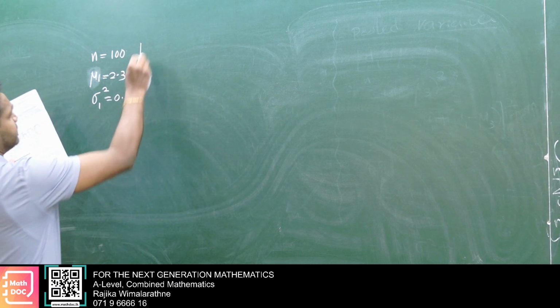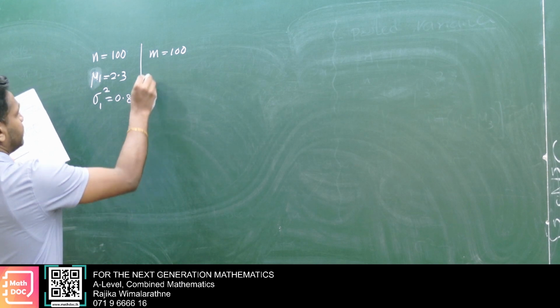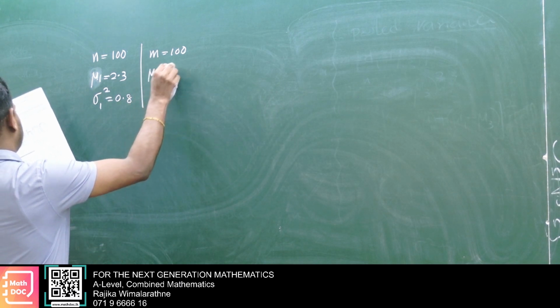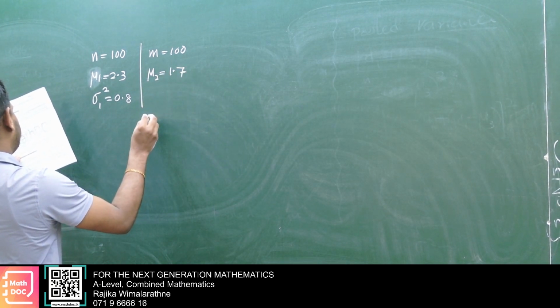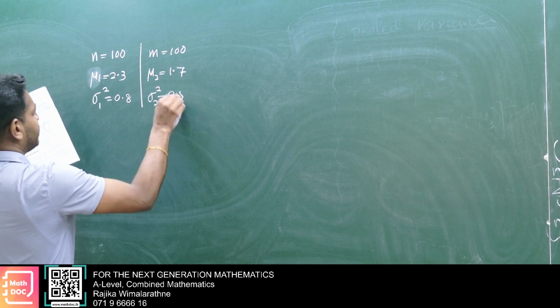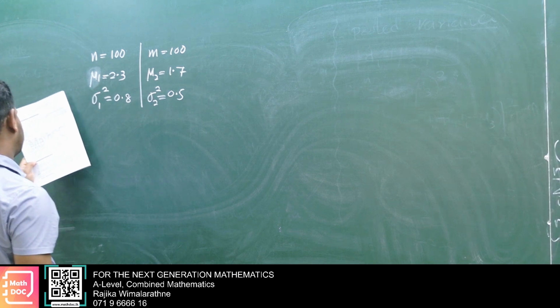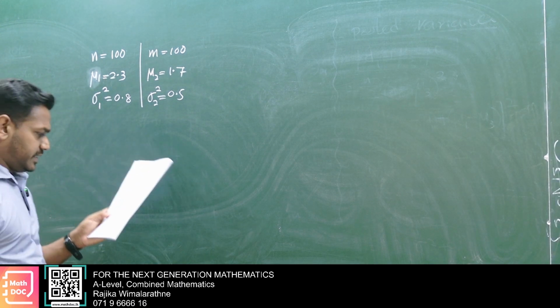Next 100 days, mean mu2 is 1.7, variance 0.5. Find the mean and variance of the number of copies in the first 2020 days.